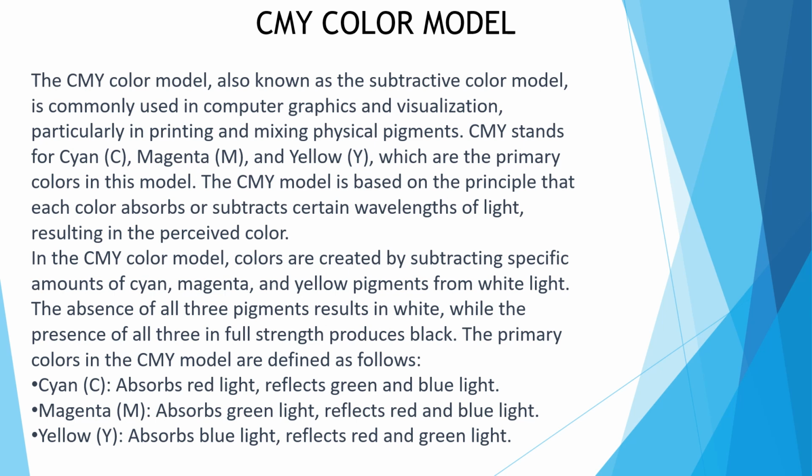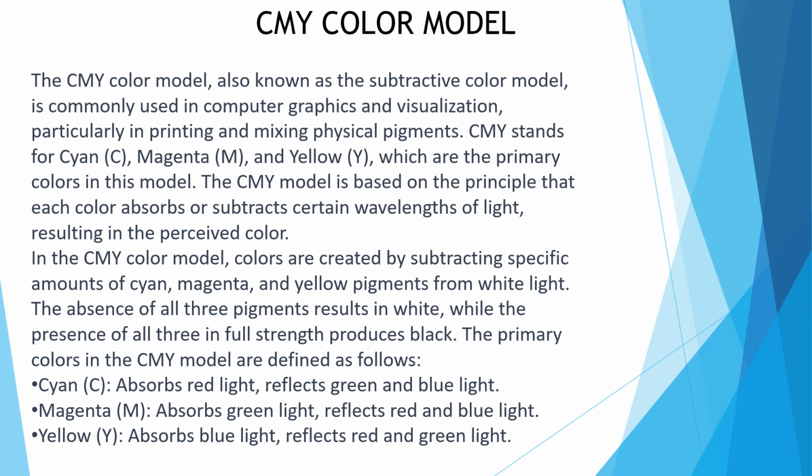In the CMY color model, colors are created by subtracting specific amounts of cyan, magenta, and yellow pigments from white light. The absence of all three pigments results in white, while the presence of all three in full strength produces black, which is totally opposite to what we just saw in the RGB color model.